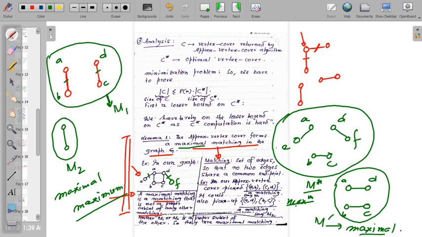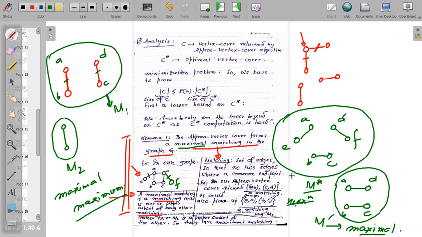What we can say is that a maximum matching is a maximal matching, because this matching is not a proper subset of any other matching. So a maximum matching is a maximal matching, but a maximal matching may not be a maximum matching.